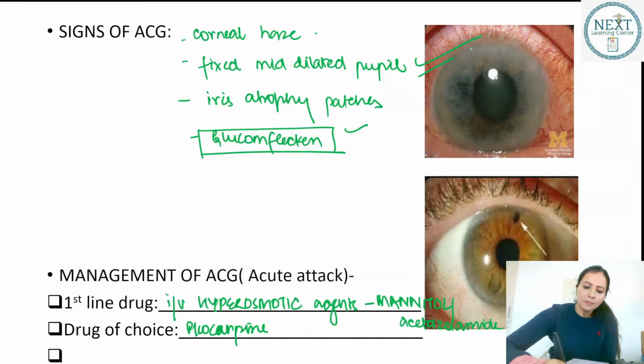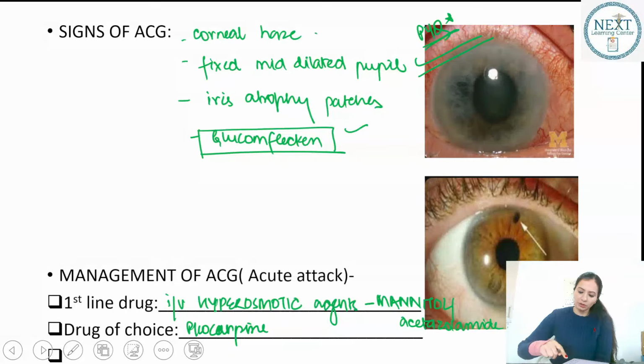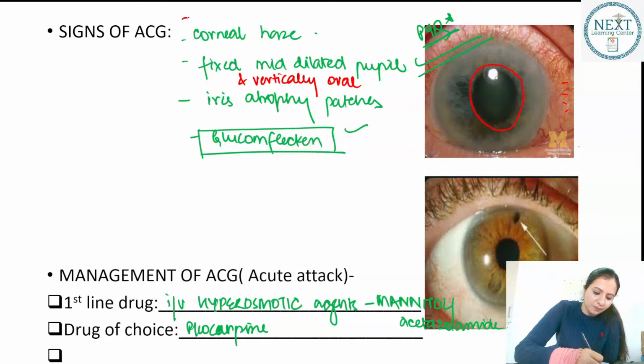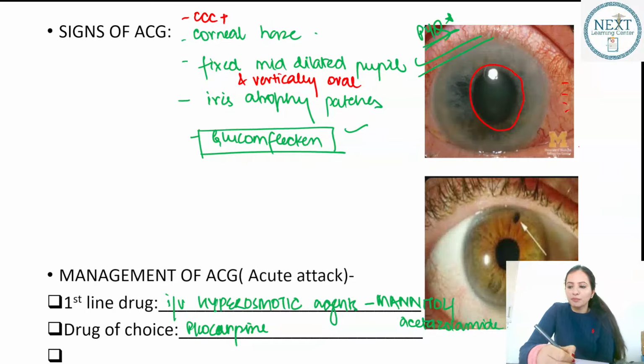This is a previous year question image that was given to you and the diagnosis was asked. If you see, the pupil is fixed, mid-dilated, and vertically oval.